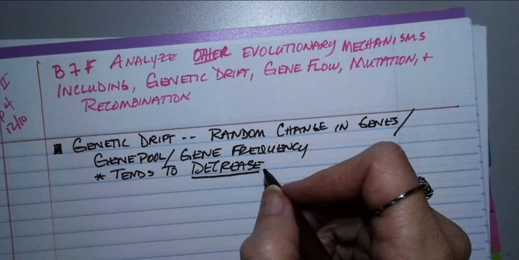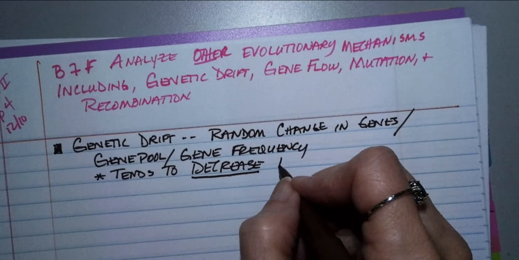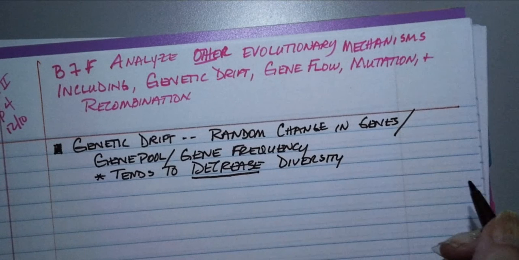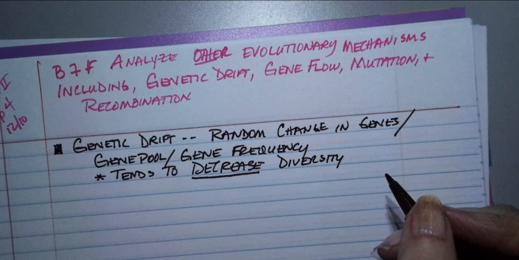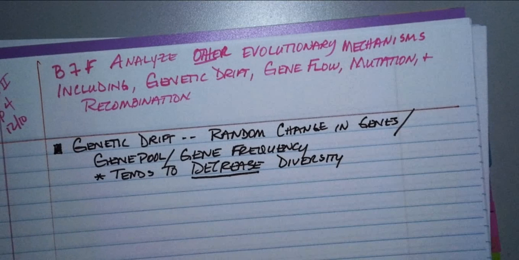So I'm just going to put tends to decrease diversity. Because a lot of times like organisms will tend to group together, especially if it's a response to temperature or something along those lines. And so when that random accident happens, it kills off a lot of them that are alike. So they tend to get killed off in clumps like that. So it's just going to ultimately decrease the diversity.